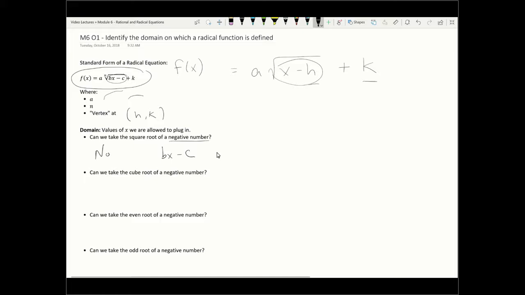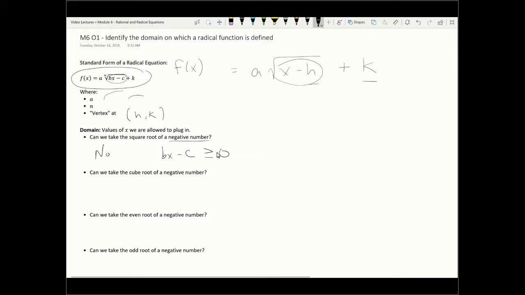And how we write that is that it's greater than or equal to 0. So if we want to find the domain of a square root function, all we would do is take what's underneath the radical and set it greater than or equal to 0 and solve.